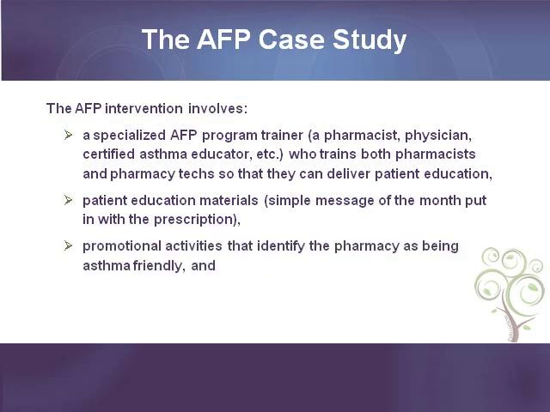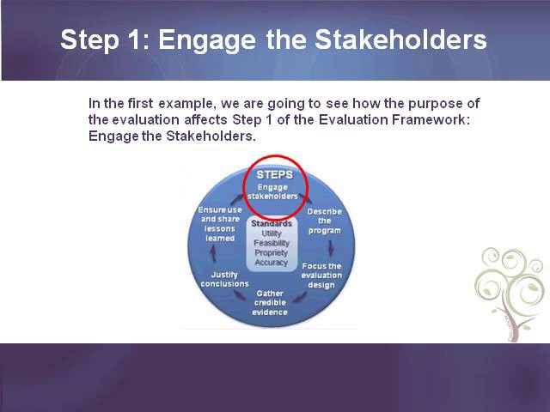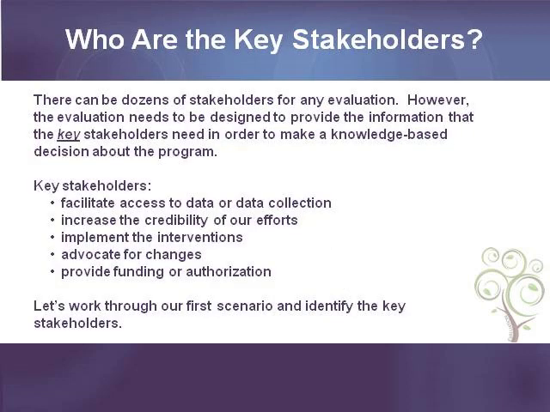The third part is promotional activities that identify the pharmacy as being asthma friendly, and then finally marketing materials to recruit new customers. The desired outcome of this intervention is that patients achieve good control of their asthma through the appropriate use of their asthma medications. So the first step we're going to deal with is engaging the stakeholders. And here we're going to show how understanding purpose, user, use helps you narrow down what could be an infinite number of stakeholders to a manageable number.